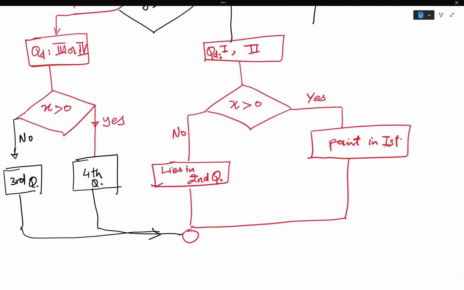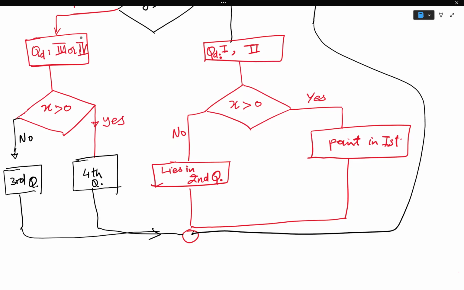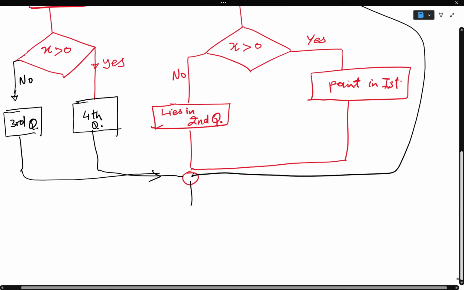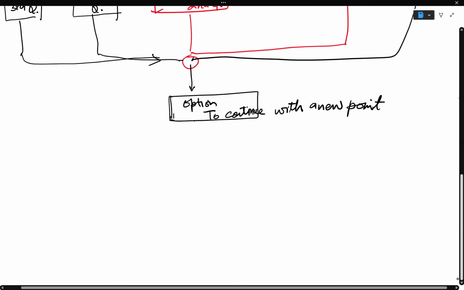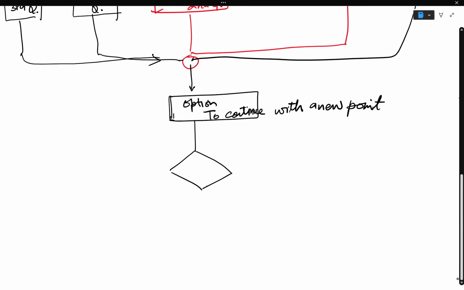This is where the program brings all of its outputs, and after that we can read some variable as an option to continue with a new point. Here we will read something.